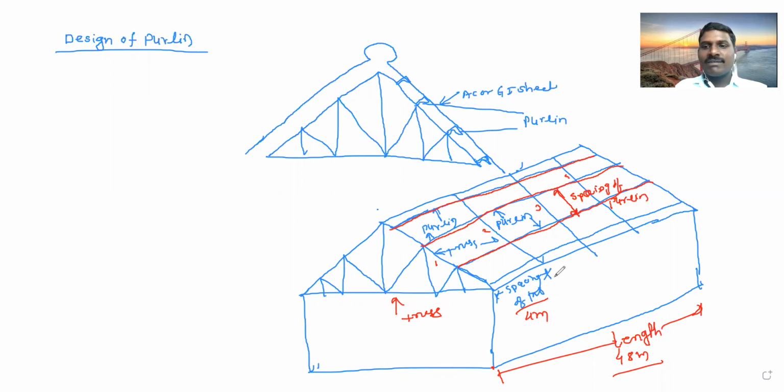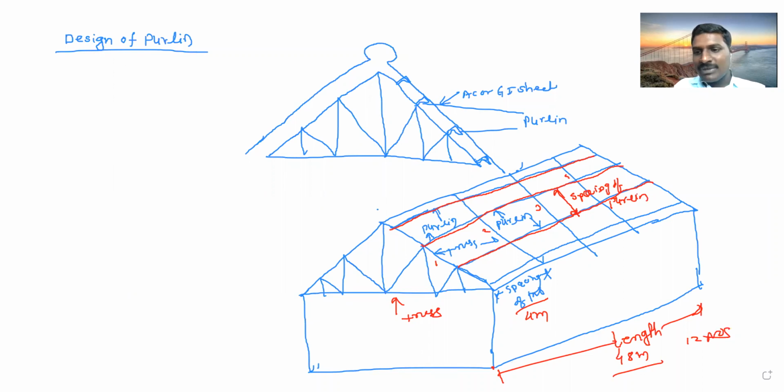How many trusses are required? 12 numbers, correct? Good, 12 numbers. So on these 12 trusses, these purlins are there.